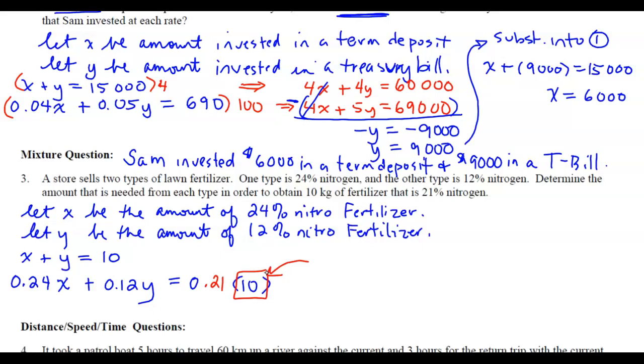Maybe this one I'll do by substitution. So I'm just going to solve this for x. You can solve for y as well, it doesn't matter. Now if I do that, whether you get rid of the decimals or not is totally up to you.